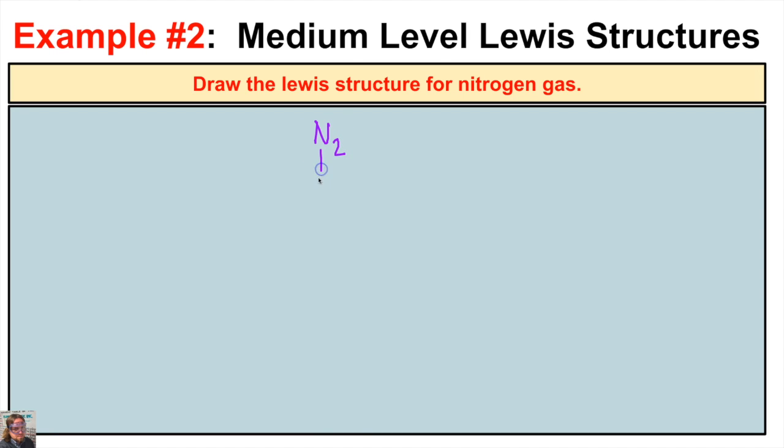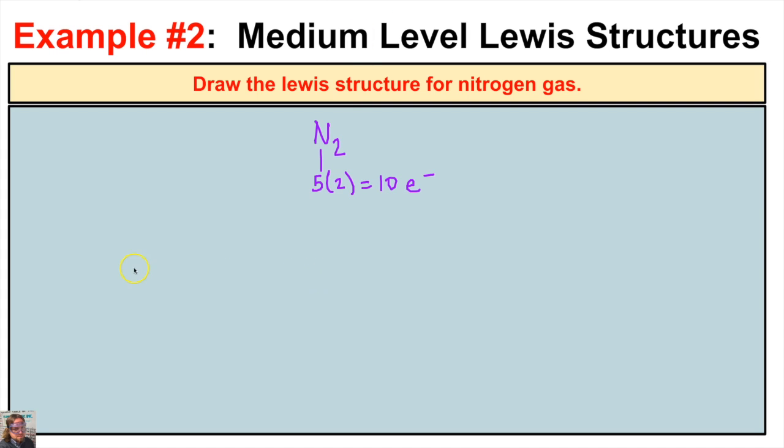So we know nitrogen has 5 valence electrons based on its position on the periodic table of elements. But there are 2 nitrogens, so we're going to multiply this by 2, and this is going to give us 10 valence electrons that we need to place around these 2 nitrogens, satisfying the octet rule for each one of these nitrogens. So let's go ahead and do that.